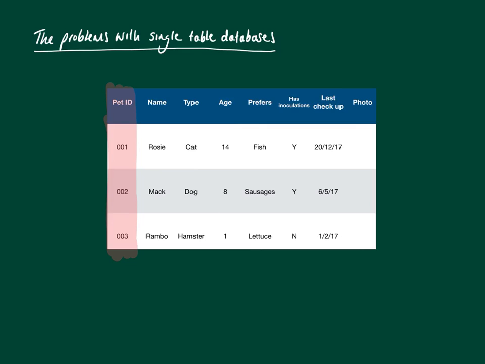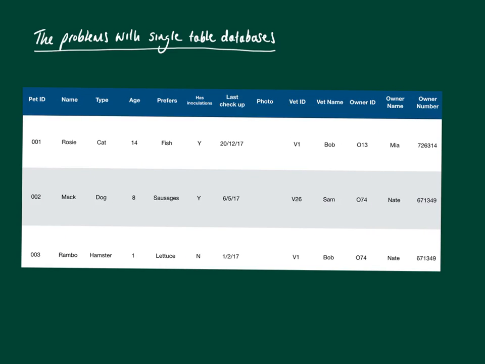But what if we wanted to increase the amount of information we stored in our database to include information about the vet that they saw, the address that they live at, or the owners live at, and the names and the contact details of the owners? If we've got all this information, updating our database and keeping the integrity of our database consistent is really difficult.